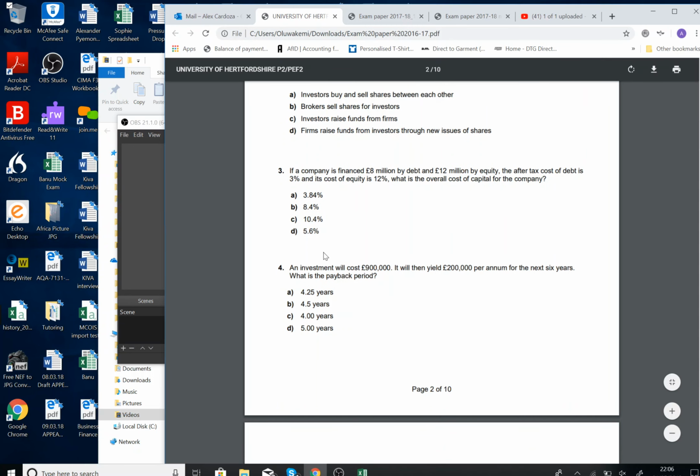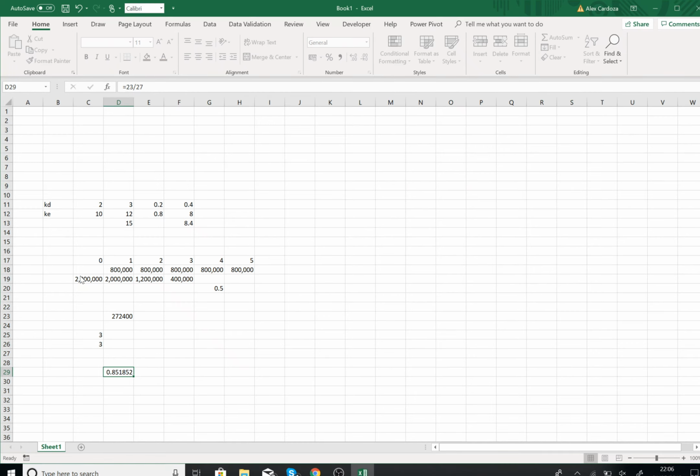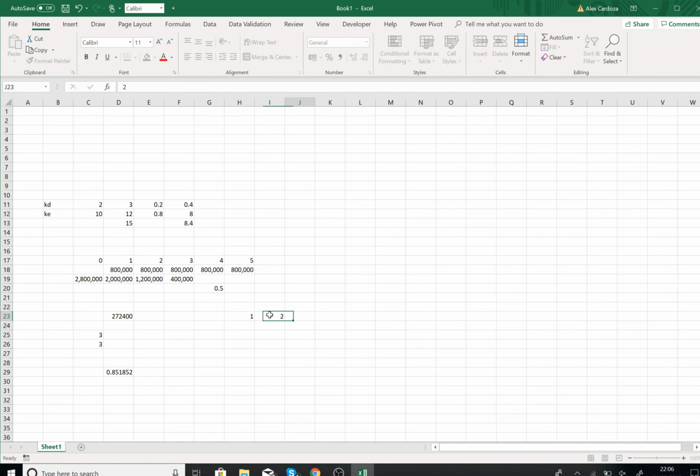So an investment will cost 900,000 to 200,000 per year for the next 6 years. So that's just a slight variation here. So you would just change, in this instance, you would just put 6 years here. So you would just go 1, 2, 3, 4, 5, 6.